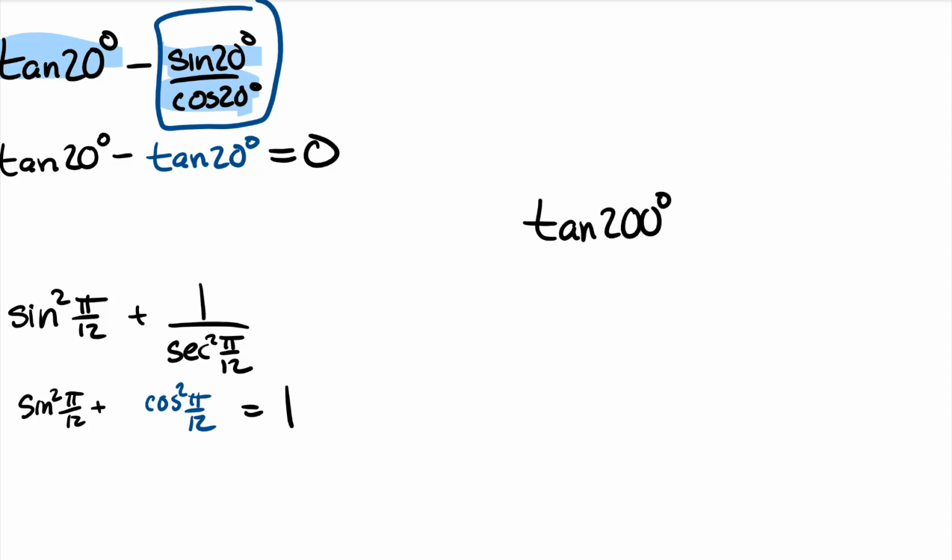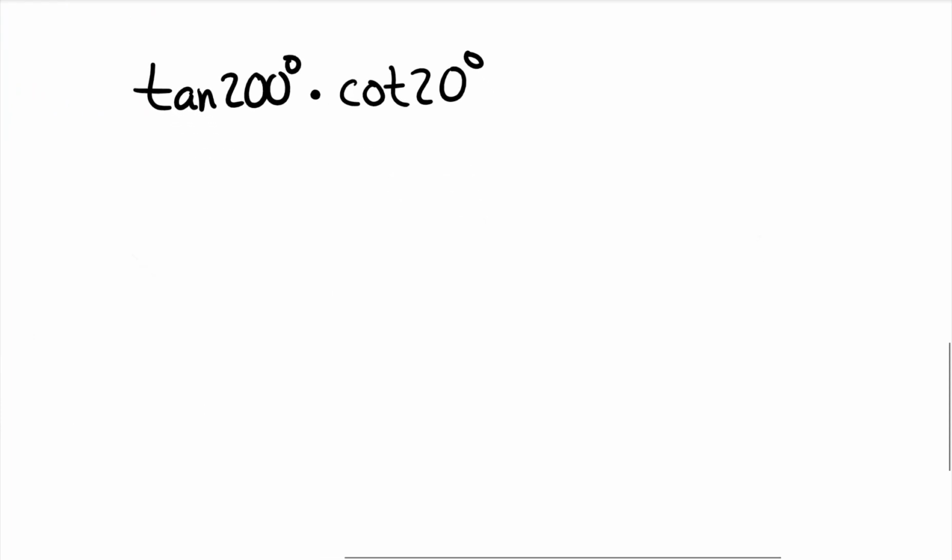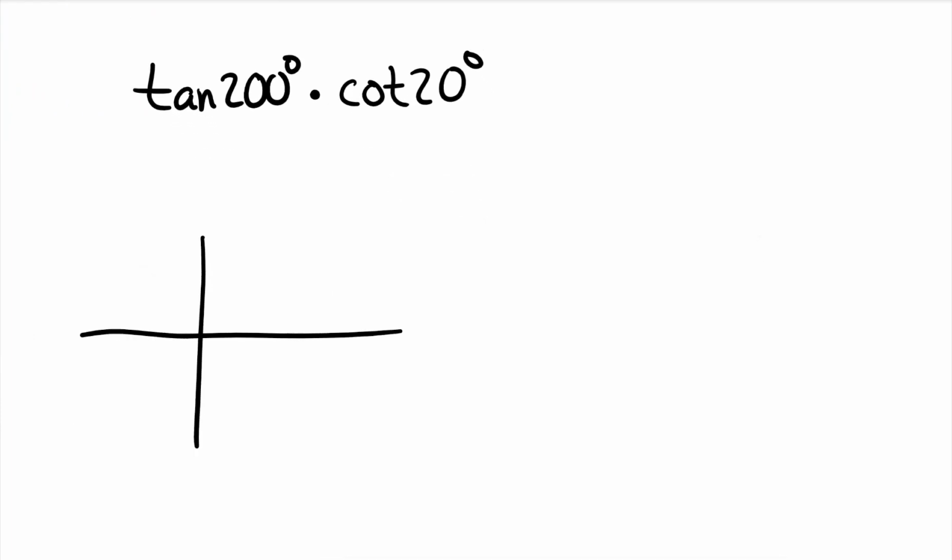Tangent of 200 degrees times cotangent of 20 degrees. What do you think the answer is? You had to guess. I don't know anything about these. So I want to draw this real fast.